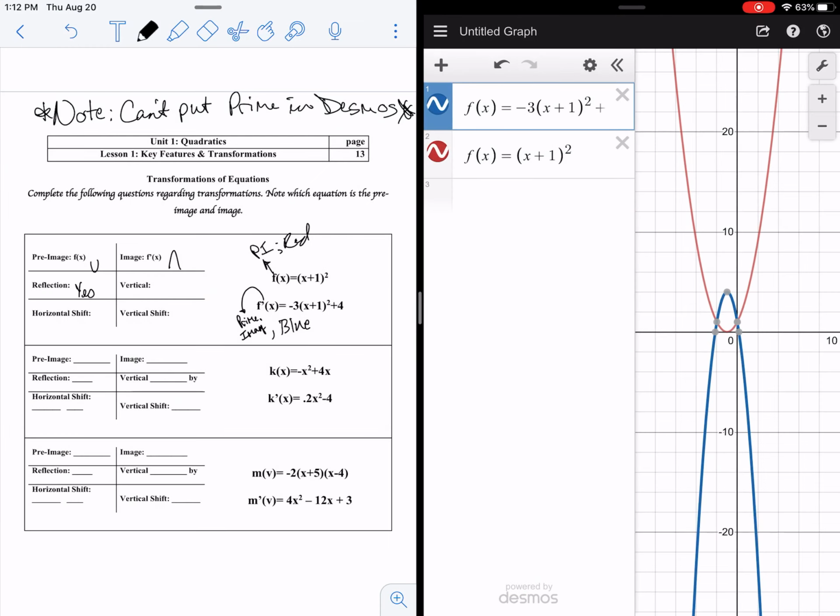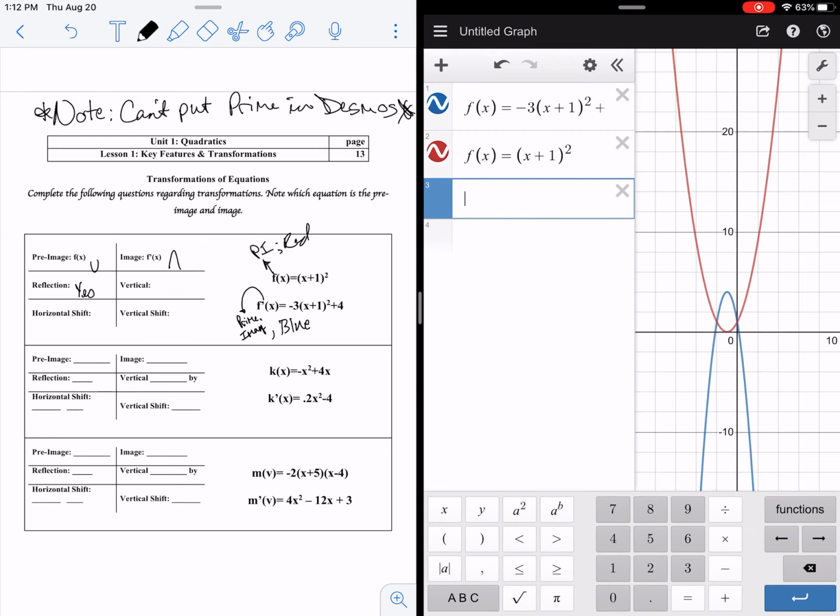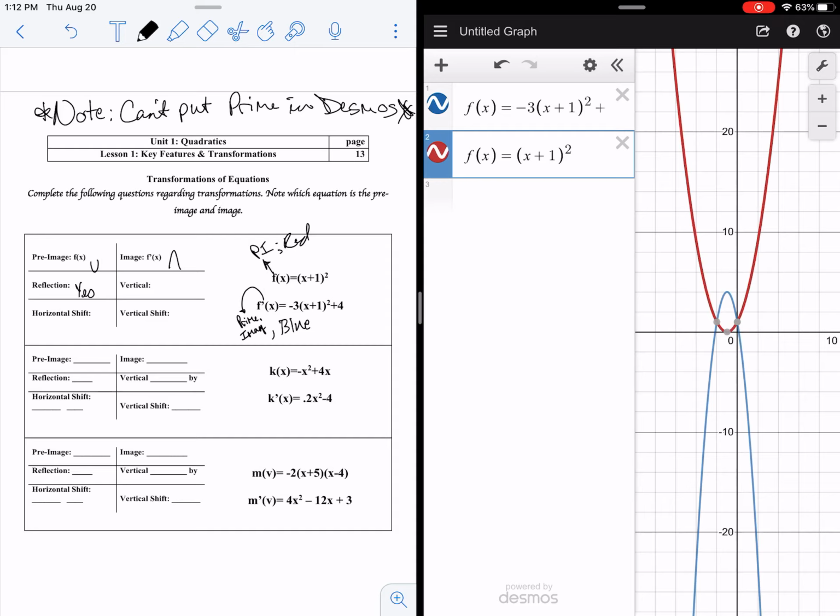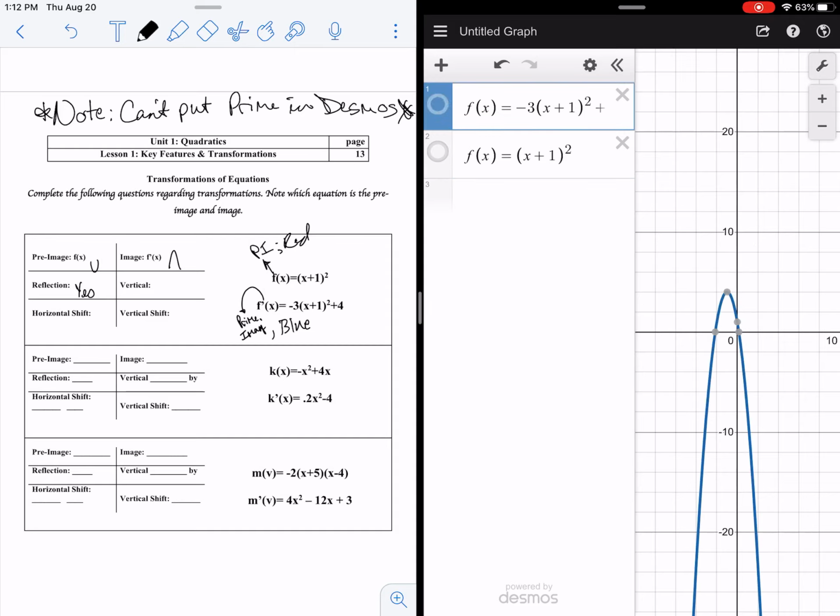Once I get this done, it's very important that I can find the vertex. A quick way to find the vertex is when you put your cursor in a function, Desmos will plot the key features for you. Because I don't like looking at a whole bunch of stuff at one time, I'm going to tap on whichever one I don't want to look at.